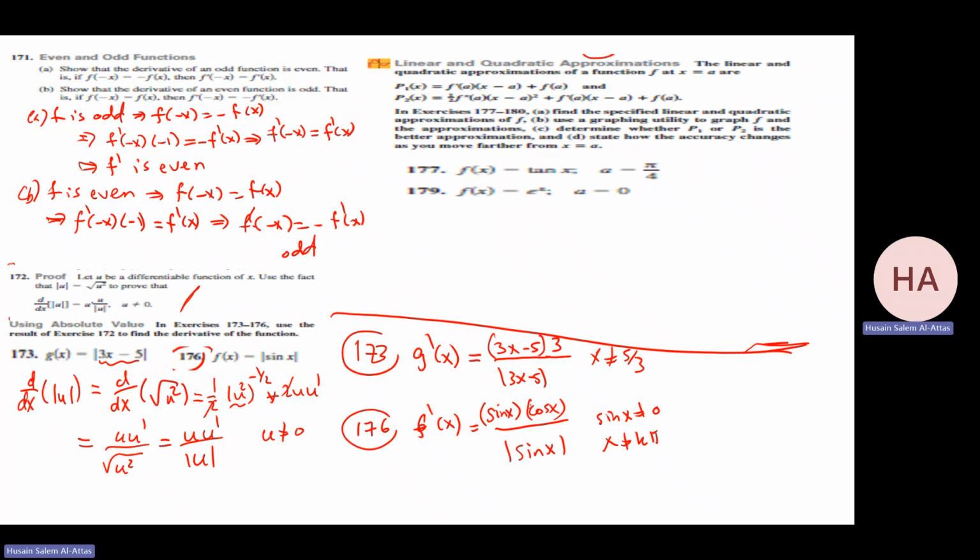Do these problems? I can do one of them. Just these, they call it linear and quadratic approximation, just a formula. This is P1 of x. So what I need to do, let me do 179.